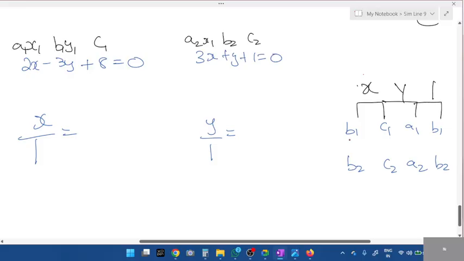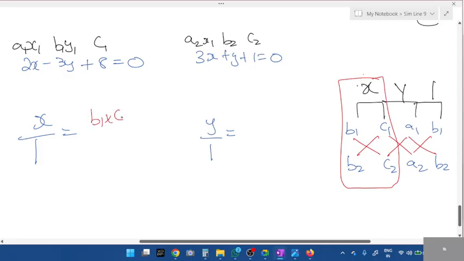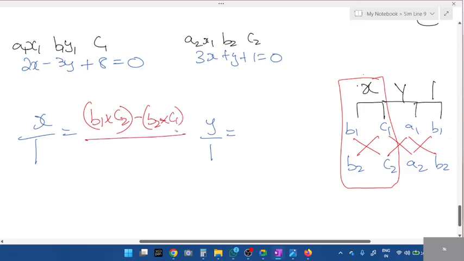What is B1 here? Like this, and like this is cross multiply. Now for x, these two values. Tell me for x: B1 into C2 minus B2 C1 divided by, for 1, take these 4 for 1.